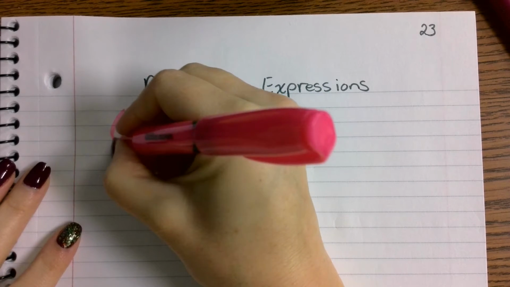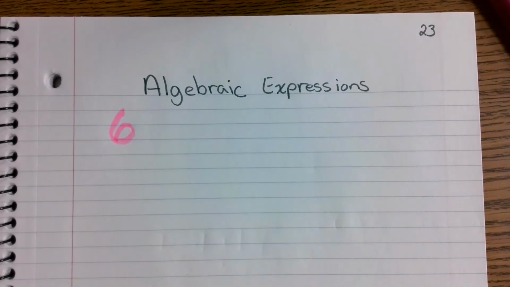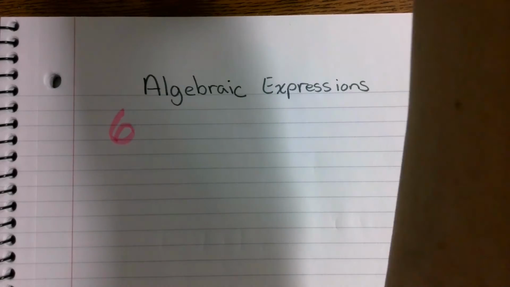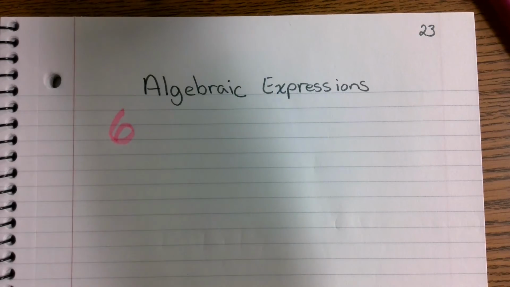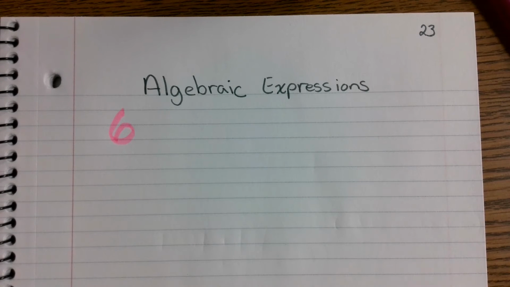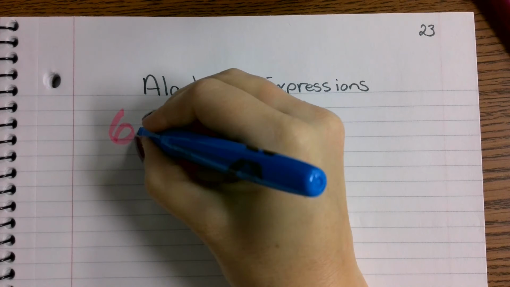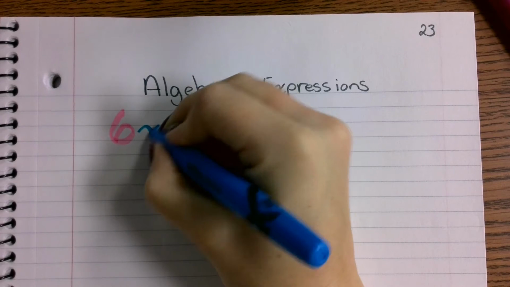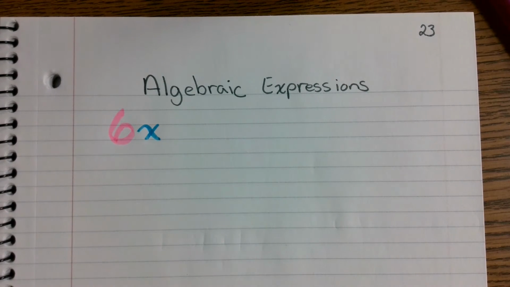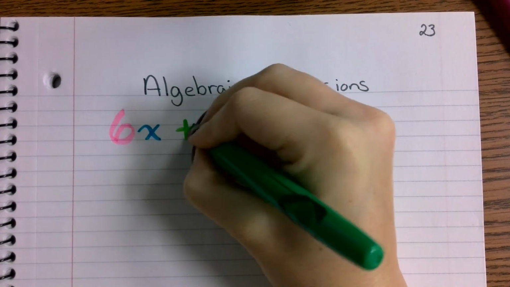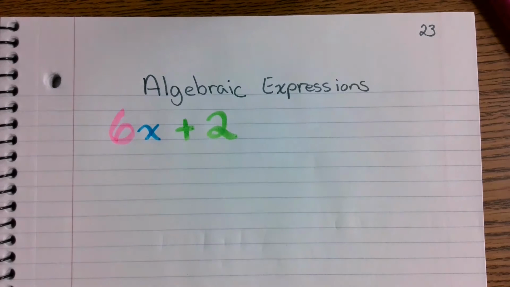So if I give you an expression, and I'm writing it as big as I can, we'll say 6x plus 2. 6x plus 2.